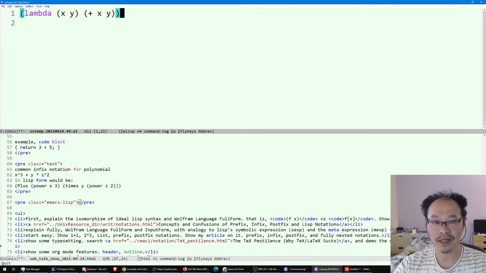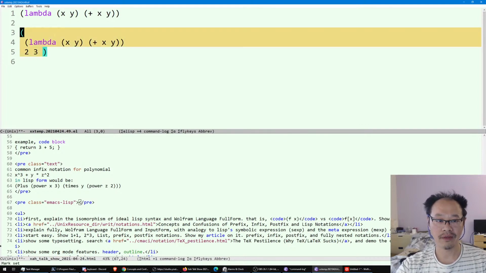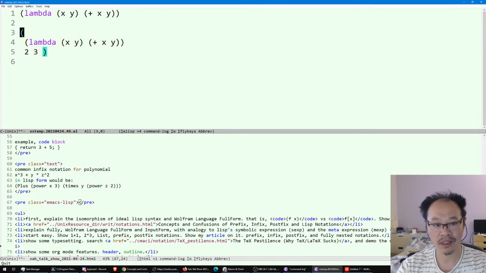Now you can evaluate this expression by putting two arguments to it. I'm not sure I can do it this way, but let's try. Lambda applied to 2 and 3. If we evaluate this, it should return 5 because it's adding 2 and 3.